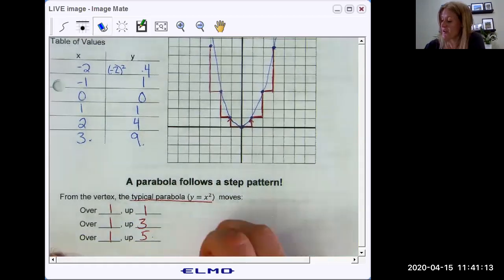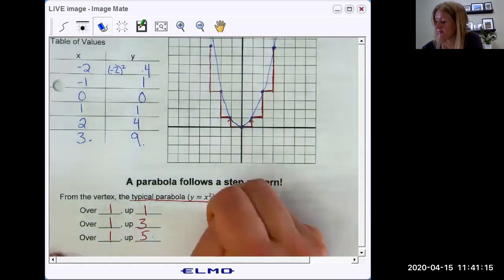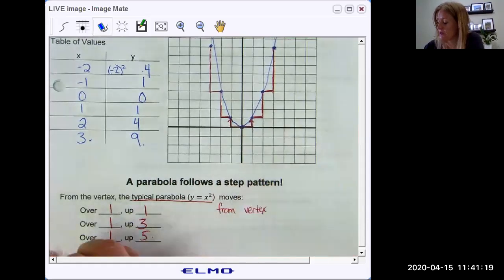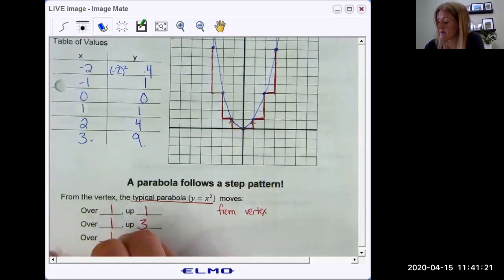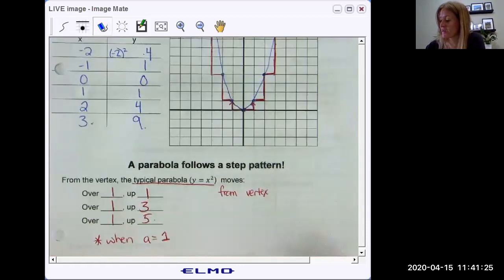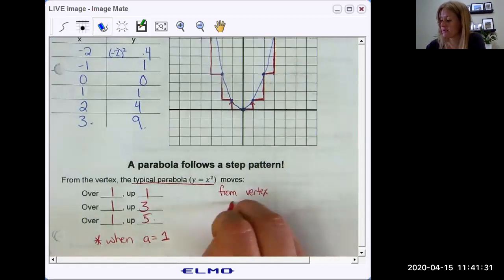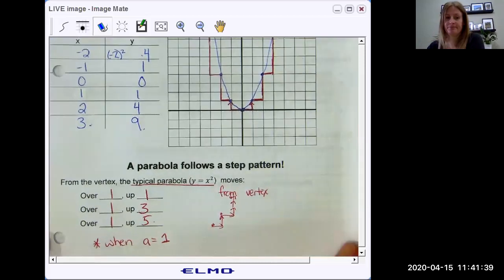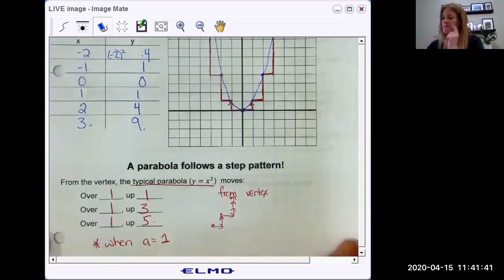So when we're moving from the vertex on our base parabola, this is when a equals 1. So from the vertex, I go over 1, up 1, over 1, up 3. And that gives me a quick way to plot the graph. And this is really going to pay off in a few minutes. So just remember that step pattern. Keep it in your mind.